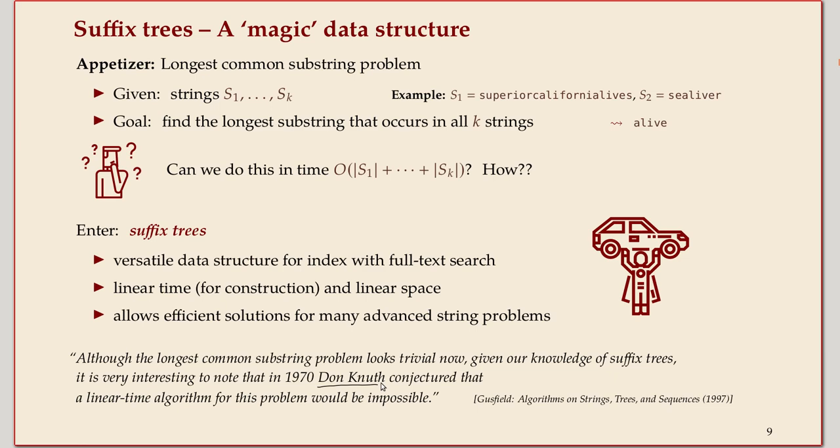That's the same Knuth that occurred there. So it means something that he originally thought this problem would not be solvable in linear time. And it turned out he was wrong. Didn't happen so often, but in that case, it turned out he didn't anticipate the concept of suffix trees and all the things that you'll see. So maybe that helps you appreciate a little bit what is to follow.